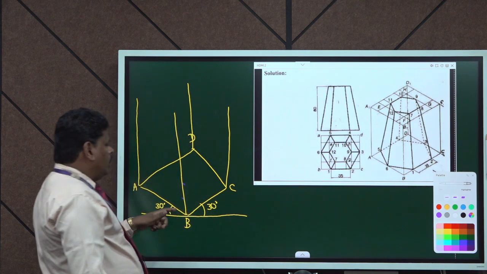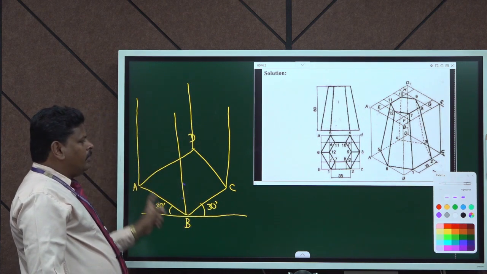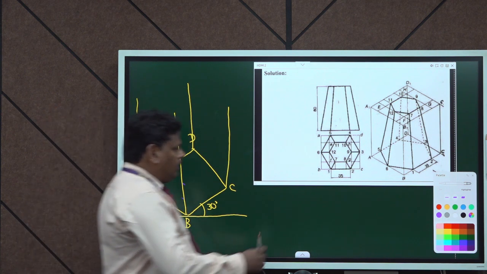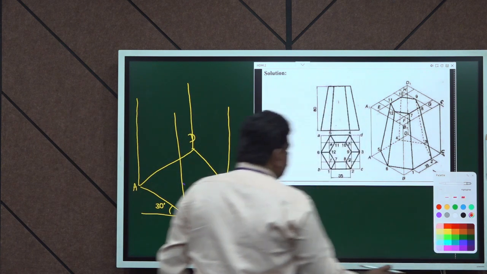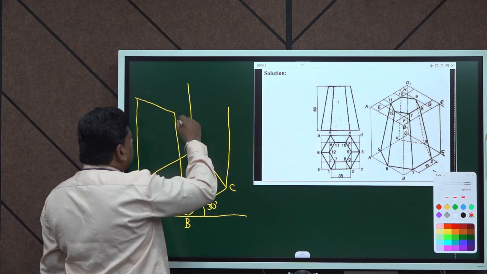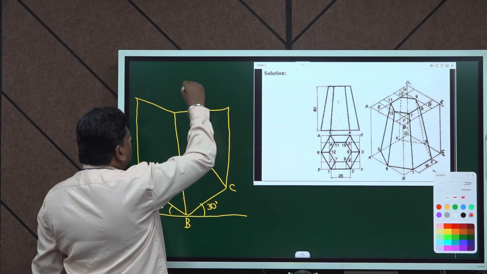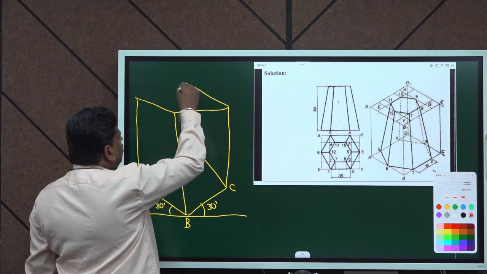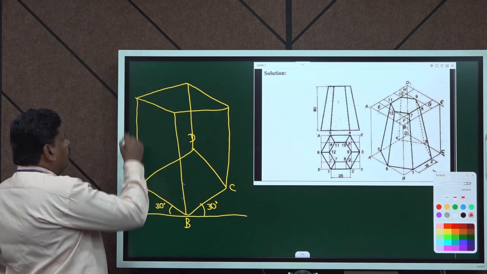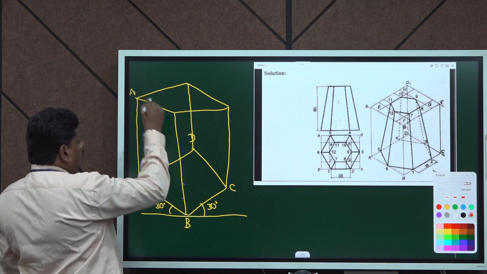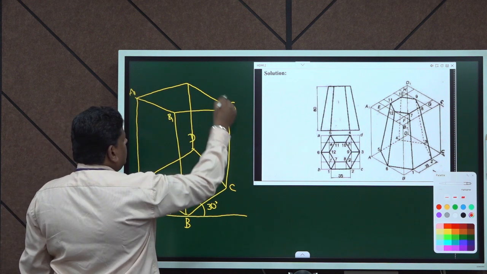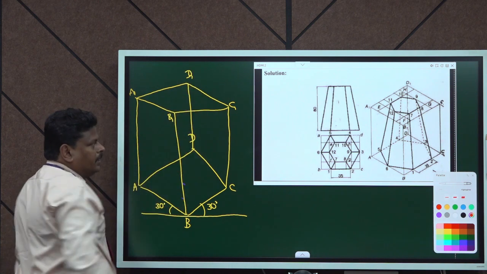So we can draw 80 mm from all the 4 base points, and we can join all those points at the top, and at the top we name them A1, B1, C1, D1 respectively.